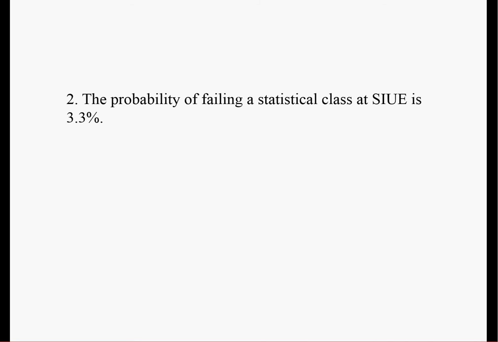Question number 2. The probability of failing a statistical class at SIUE is 3.3%. Now here, failing a statistical class at SIUE is a kind of short statement. Sometimes students want to make the statement very succinct, but you cannot make the statement too short because you may risk making the expression less clear.